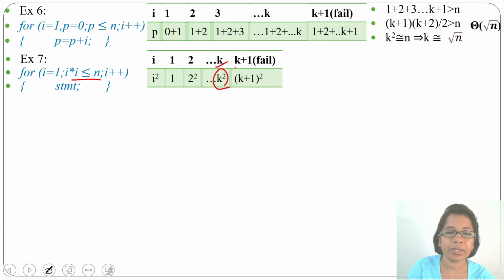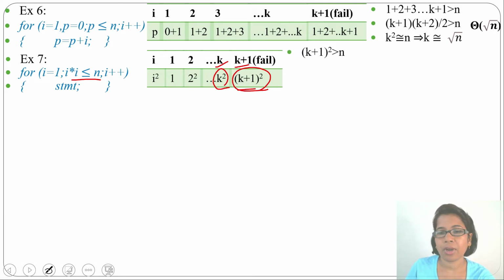So when the i value is k plus 1, i square will be k plus 1 square. If k plus 1 square is greater than n, it will fail. So approximately k square equals n, k equals root of n. This is the approximate value. So you can say the running time is theta of root of n.